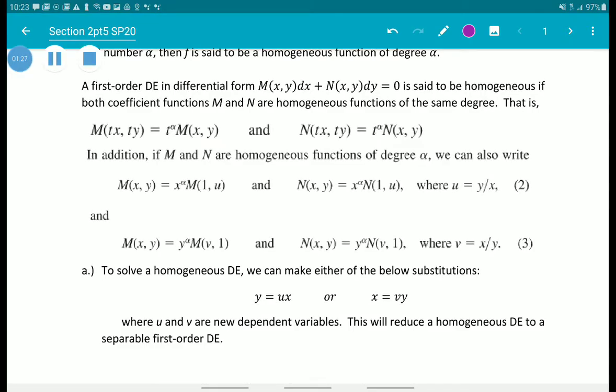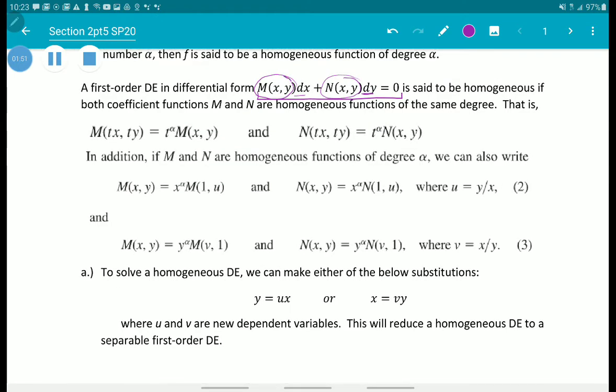So if we were to look at a first order differential equation that's written out in this form, so it's a little different than what we're used to seeing. We have some function in terms of x and y, they're calling it m, times dx, plus another function in terms of x and y, times dy is equal to 0. This is said to be homogeneous if both those coefficient functions, that function m and that function n, are homogeneous functions of the same degree.